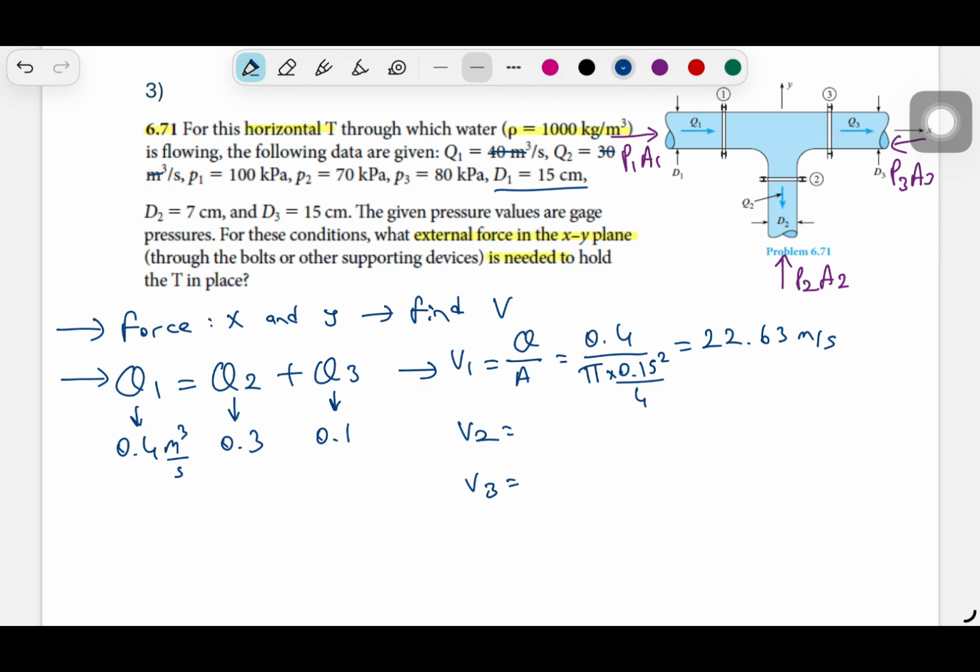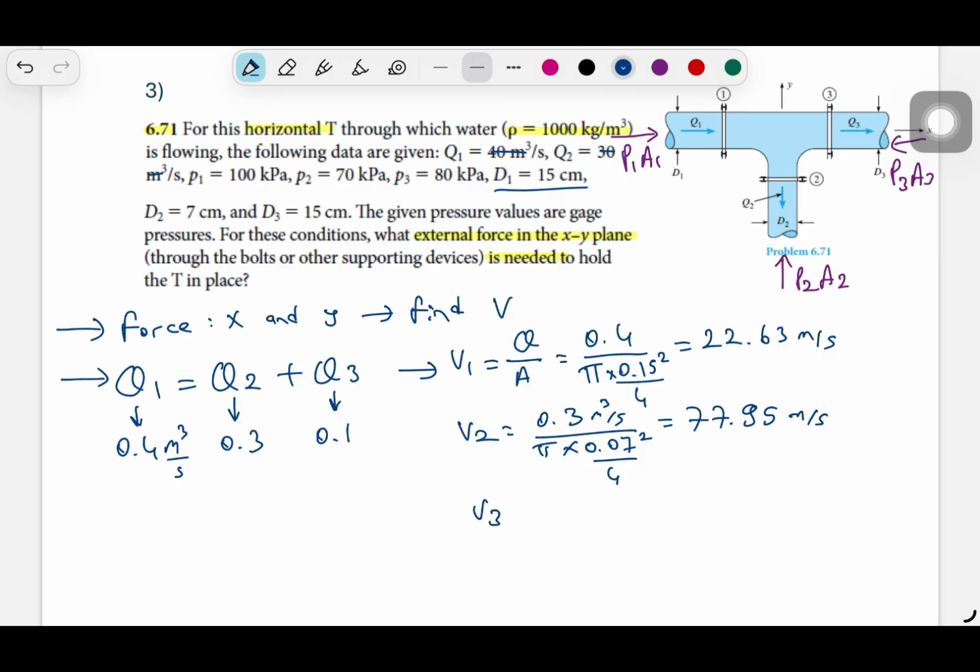Similarly, we will have 0.3 cubic meters per second. Pi, we have 0.7 centimeters. So it will be 0.07 squared over 4. And this is giving 77.95 meter per second.